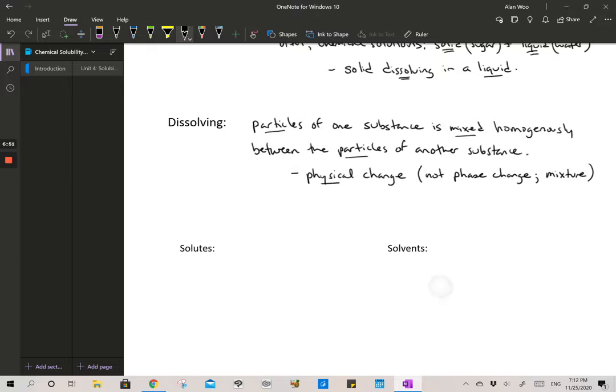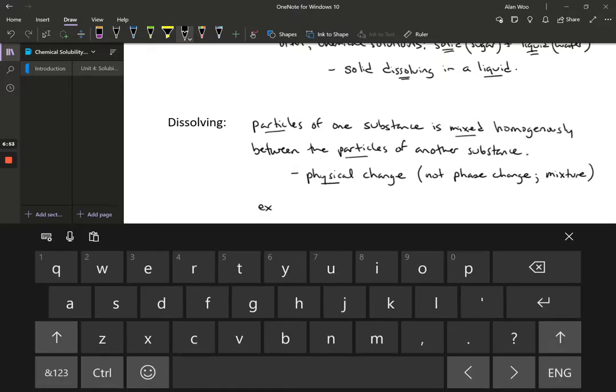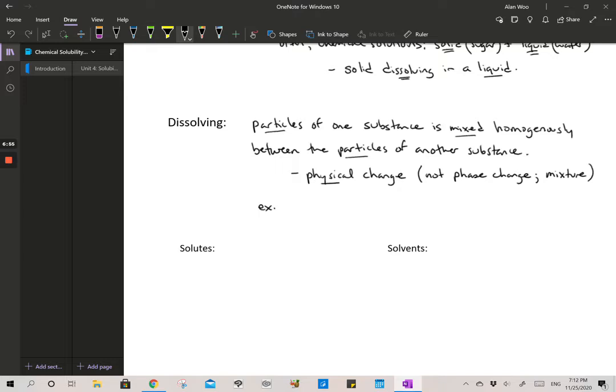So a really common example is basically salt and water to create salt water. Now, salt water itself is the solution. And normally, when we're talking about dissolving, this is the substance that's dissolving.